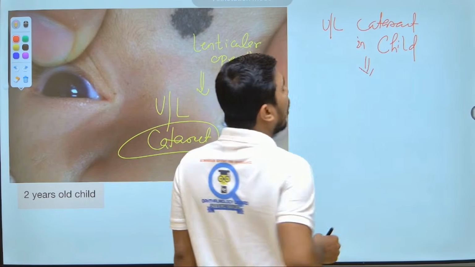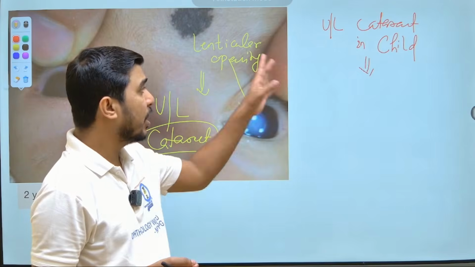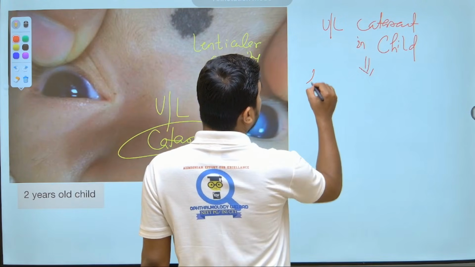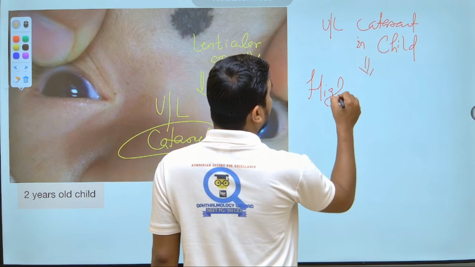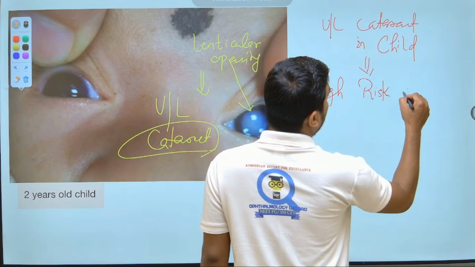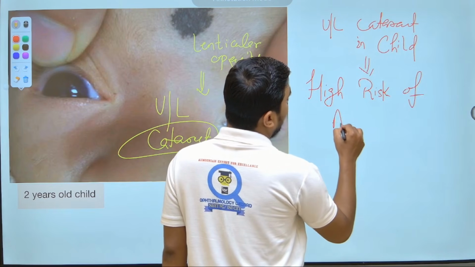what happens? What happens when there is a unilateral cataract? In the unilateral cataract in the child, there is a very high risk of what? Amblyopia.